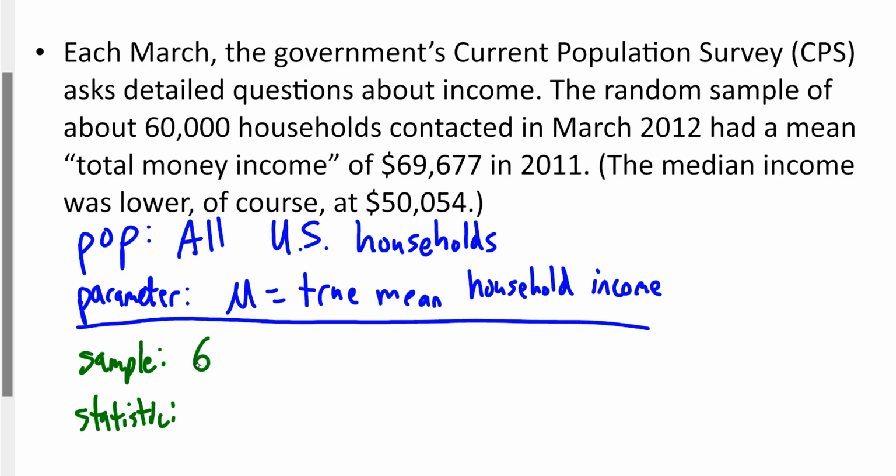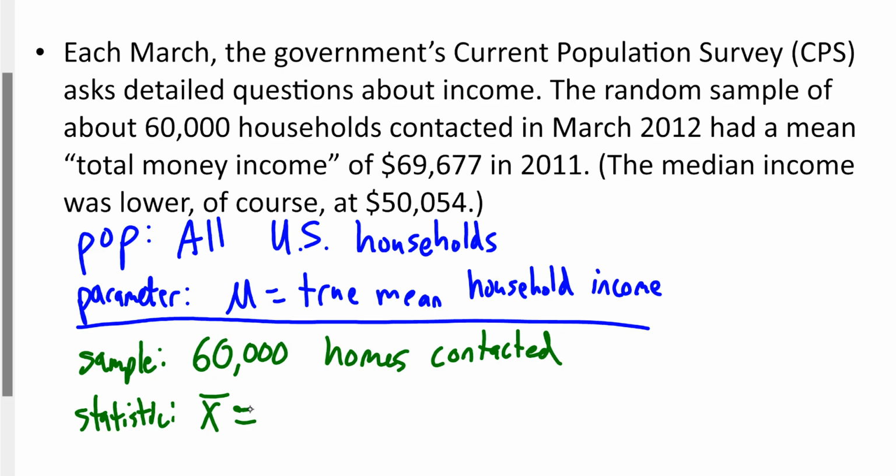So it's 60,000 homes contacted. And we would have X bar is our mean, which we actually got. We can actually state X bar is $69,677. Okay? So a little review of populations and parameters and statistics.